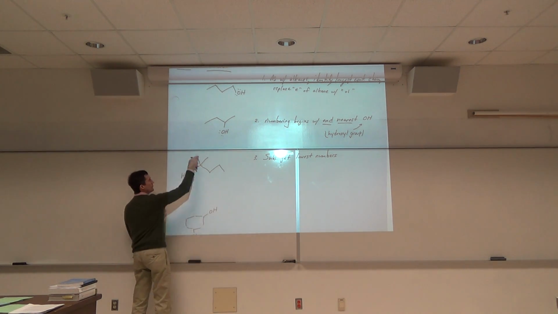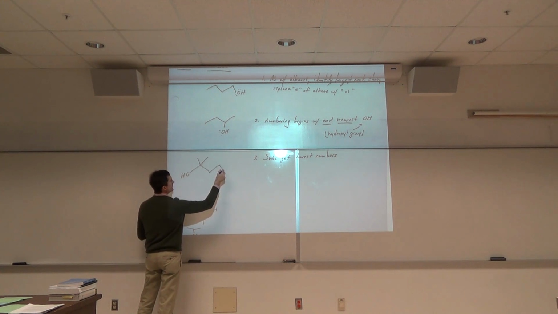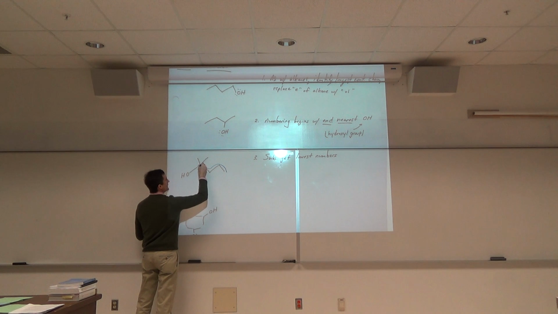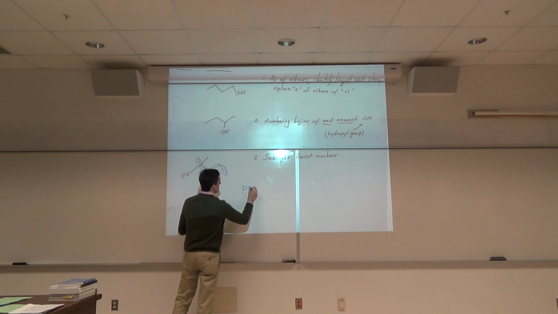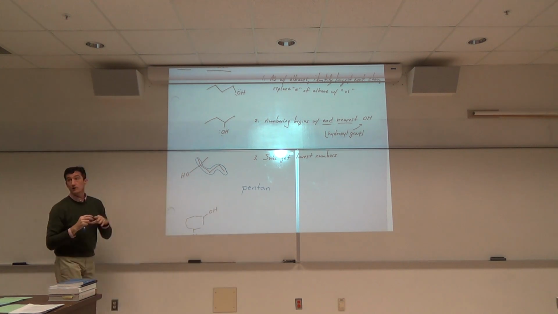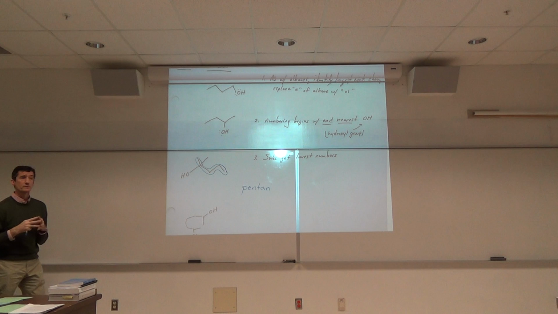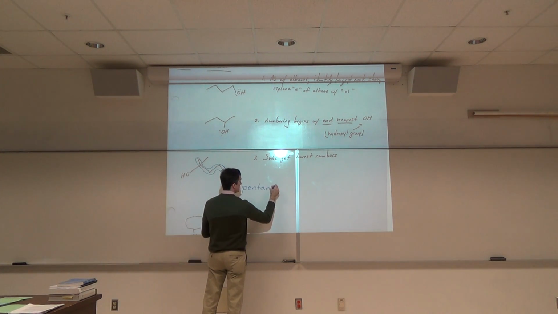Longest continuous chain, 1, 2, 3, 1, 2, 3, 4, 5, 1, 2, 3. Any way you go, it's 5, right? Boom. It doesn't matter which one we include here, it's going to be the same. 5 is what? Pentane. I've got an OH, so this is an alcohol. I mean, the OH is the only functional group. So we name it as an alcohol by replacing the E with an OL.